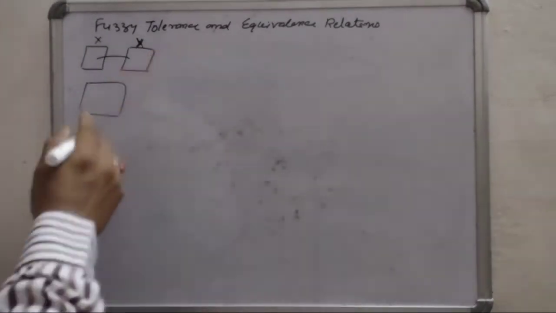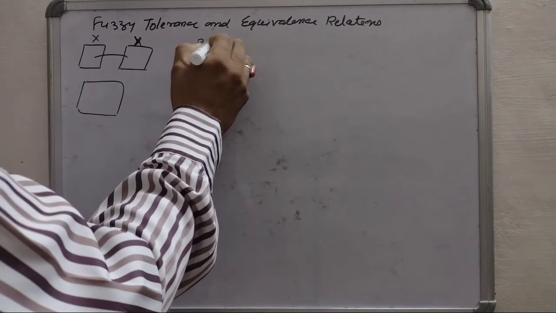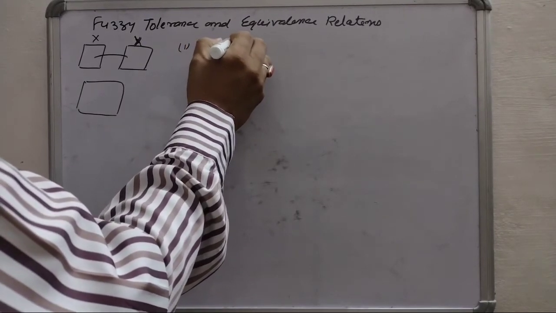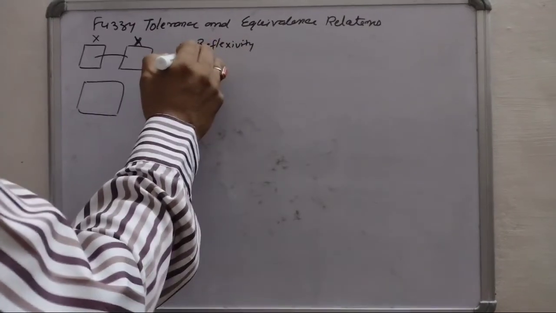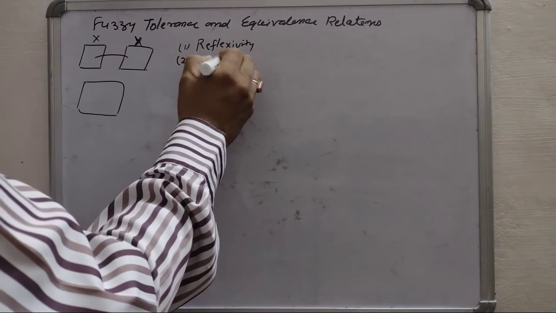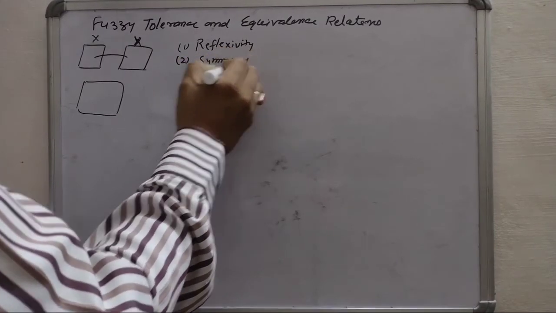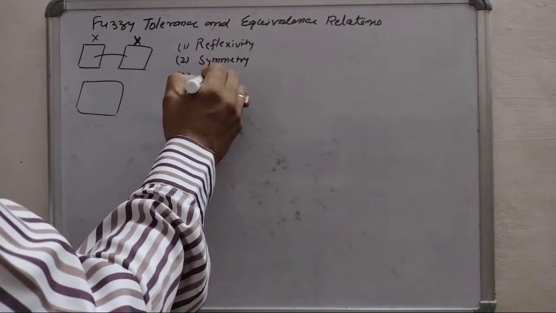And these three properties are: one is reflexivity, second is symmetry, and third is transitivity.